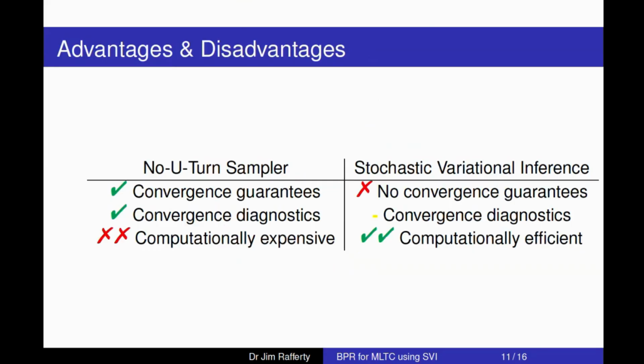And just a brief slide about advantages and disadvantages of the two different approaches. I've taken the NUTS sampler, the no U-turn sampler, as an example of an MCMC sampler here. These sorts of samplers have been worked on for many years, and they have lots of mathematical machinery behind them.